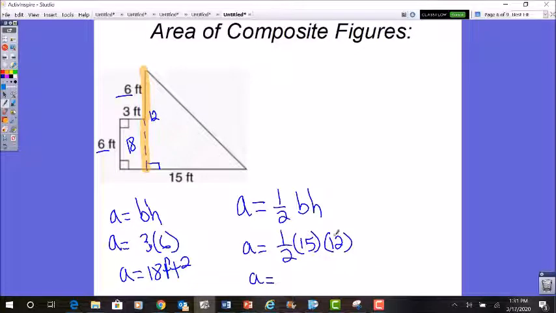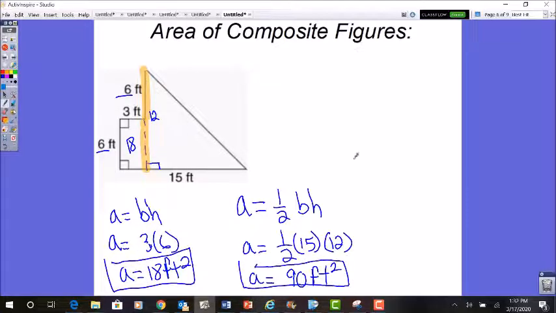So I'm going to do 1/2 times 12, which is 6, and then 6 times 15, which is 90. That would give me 90 feet squared. So I need to take the 2 amounts that I came up with and add those 2 together to get your total area. So 90 plus 18 gives me a total of 108 feet squared.